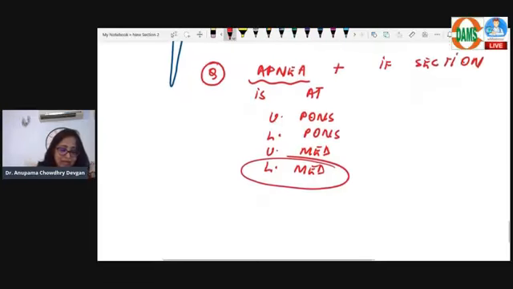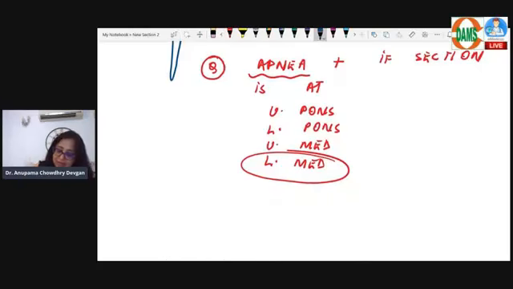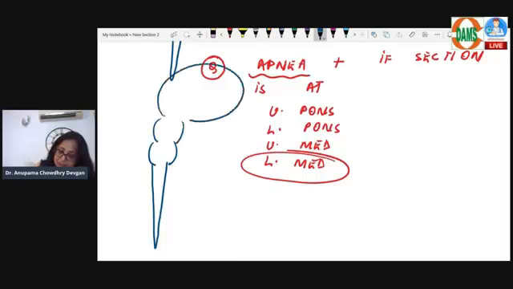If I do a section at the lower medulla, now what is going to happen? No impulses will reach the phrenic nerve nucleus, or the motor neurons controlling the intercostal muscles or other muscles involved in respiration. So no impulses to any neuron in the spinal cord. So complete cessation of respiration, right? Have you understood?